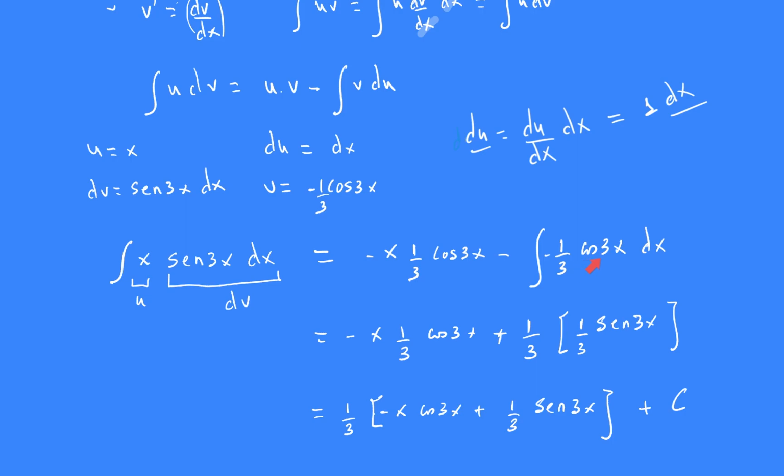What is the antiderivative of 1/3 cosine of 3x? This is easy, it's 1/3 sine of 3x. The antiderivative of cosine of 3x is 1/3 sine of 3x. With this 1/3 will go here, minus will go plus, and so we already found the integral of u dv, x sine 3x dx, is minus x times 1/3 cosine of 3x plus 1 divided by 9 sine of 3x.